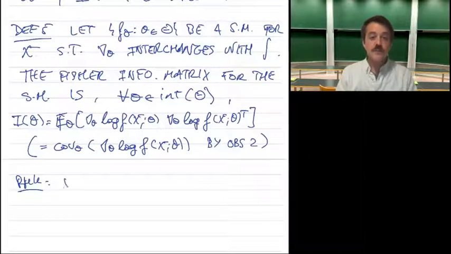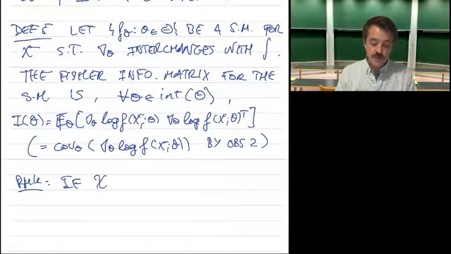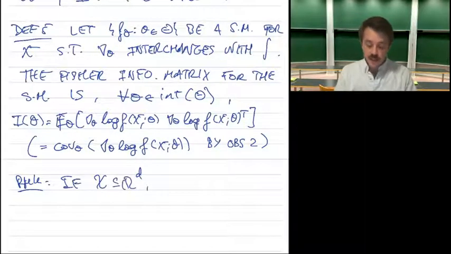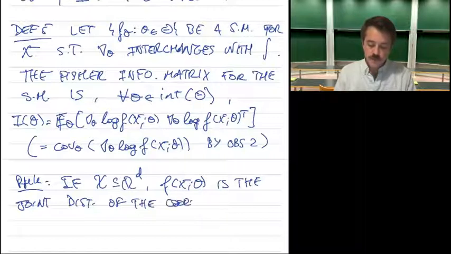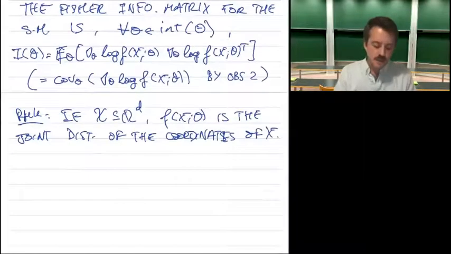If the sample space is in R^d, then this is just a clarification: f of x and theta is actually the joint distribution of the coordinates of X. So why am I saying this? Well, that's because in particular we get the following.